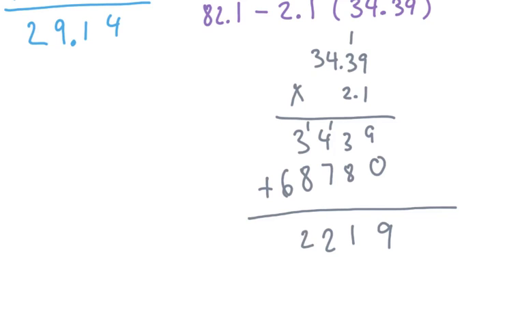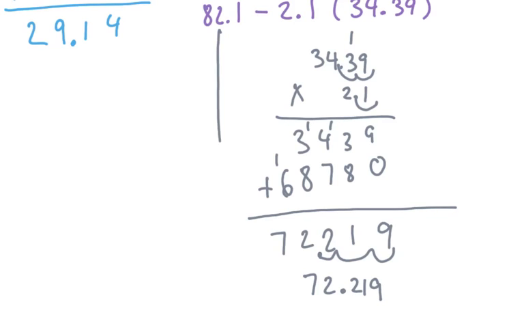Carry the 1. That's going to be another 12. Carry the 1. That's 7. Now note, we jumped 1, 2, 3, so I have to jump 3 places, and I'm at 72.219.